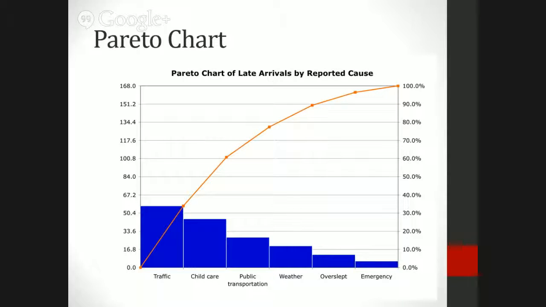So, we have people that are late showing up at work. Okay? And we document that. And we see that about 50 people called in late because of traffic. And right here we see that about, I don't know, 40 people called in late because of child care.